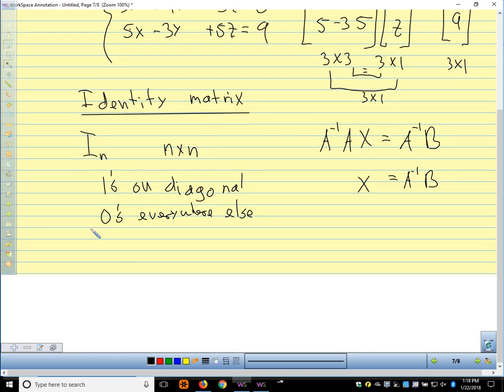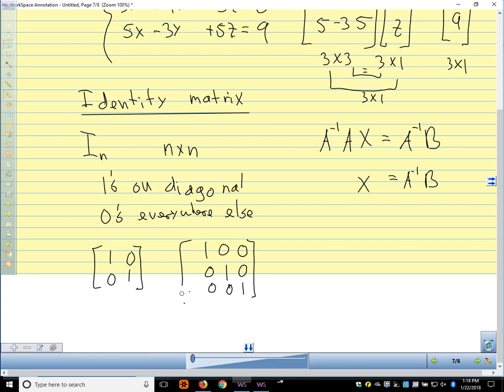So for example, a 2 by 2 identity matrix is a matrix 1, 0, 0, 1. A 3 by 3 identity matrix is 1, 0, 0, 0, 1, 0, 0, 0, 1. And this acts like the number 1 for matrices.